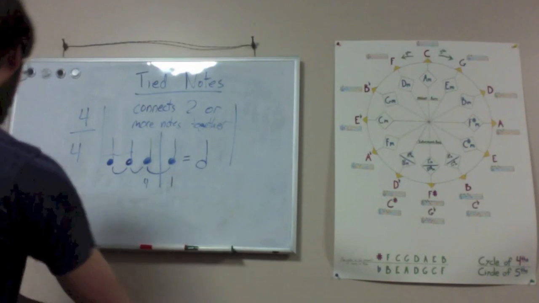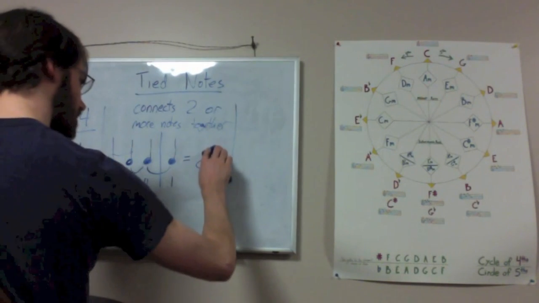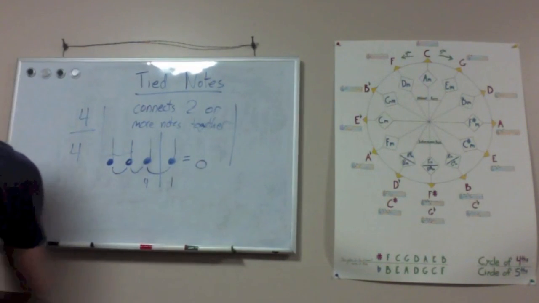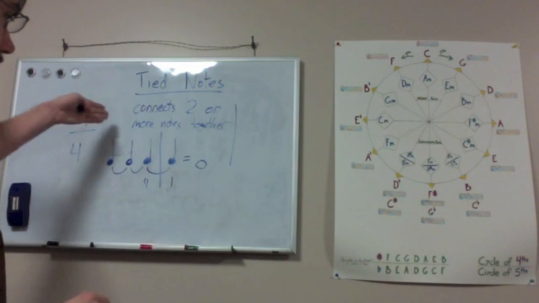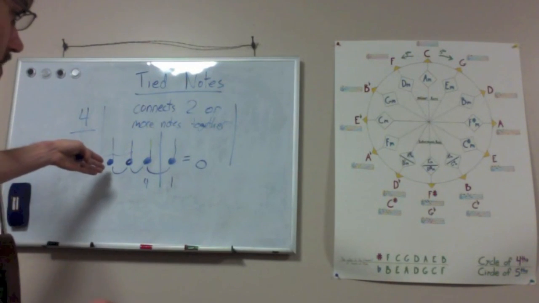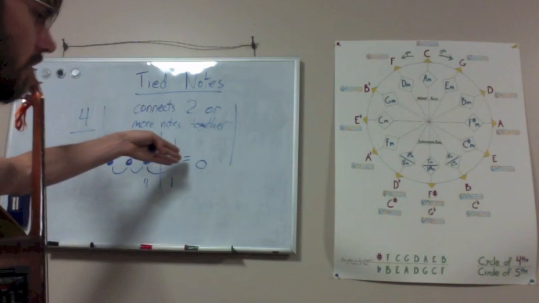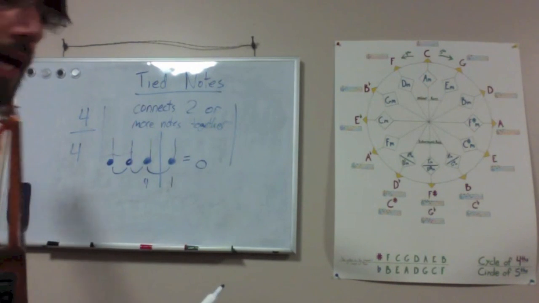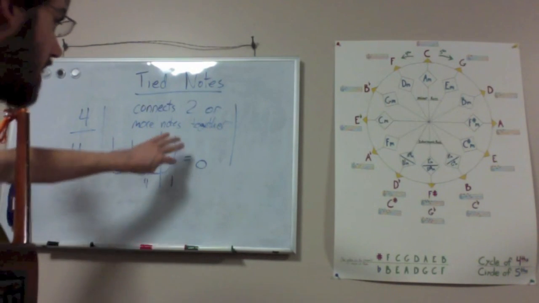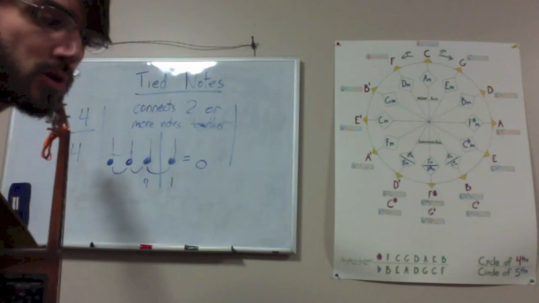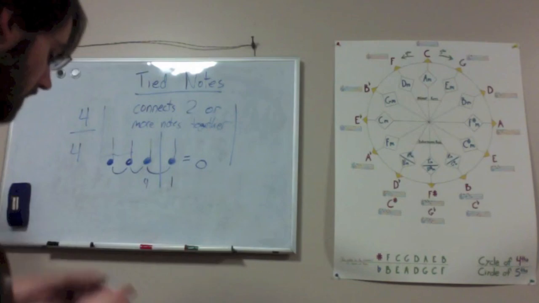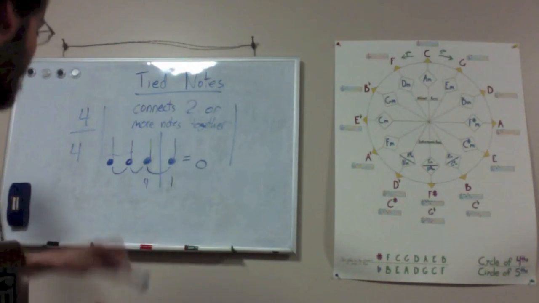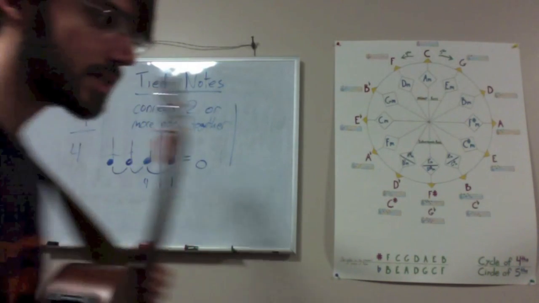So now that would be kind of like playing a whole note. So again, I don't strum each of these 4 quarter notes. I only strum the first one, and then I just hold that note all the way until I'm done with the tied notes. So I'm just imagining adding 4 quarter notes together, which would give me 1 whole note in this case. So that's why the tie is very flexible. It gives us lots of options.